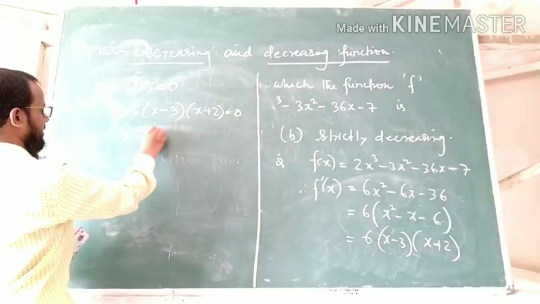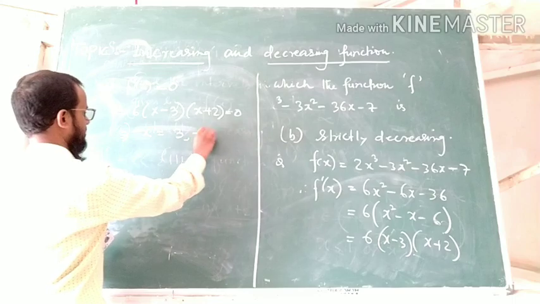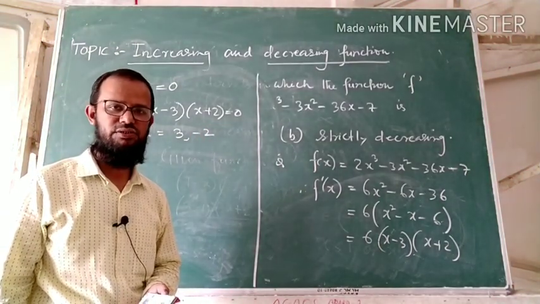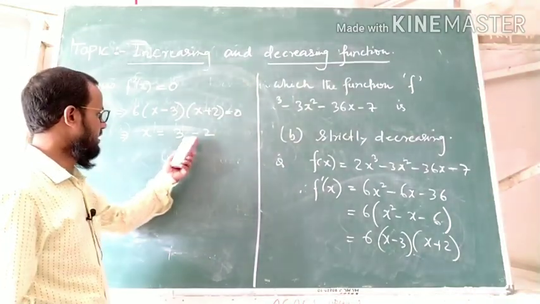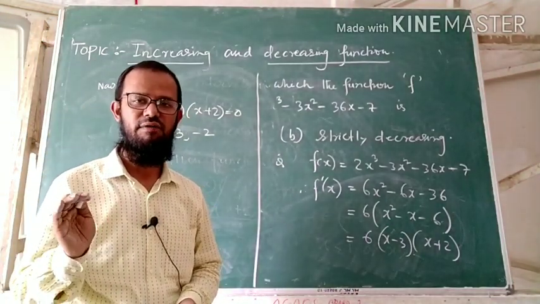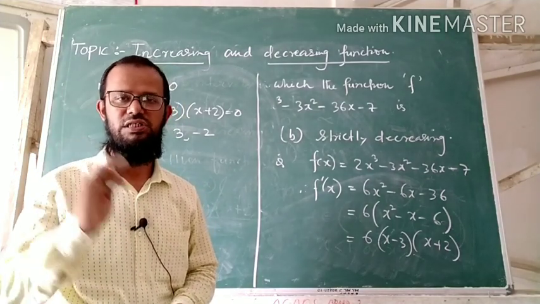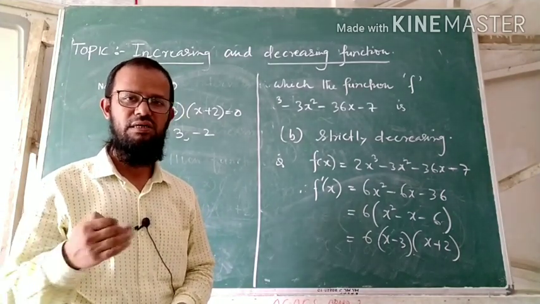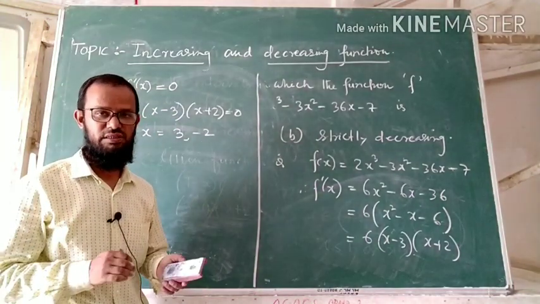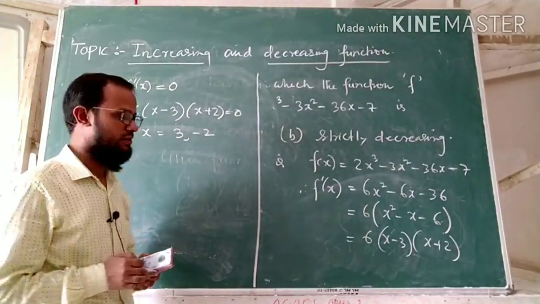From here you can write x = 3, -2. Now these 3 and -2 are 2 points where the graph of the function is going to shift into increasing or into decreasing. So these 2 points are called critical points.